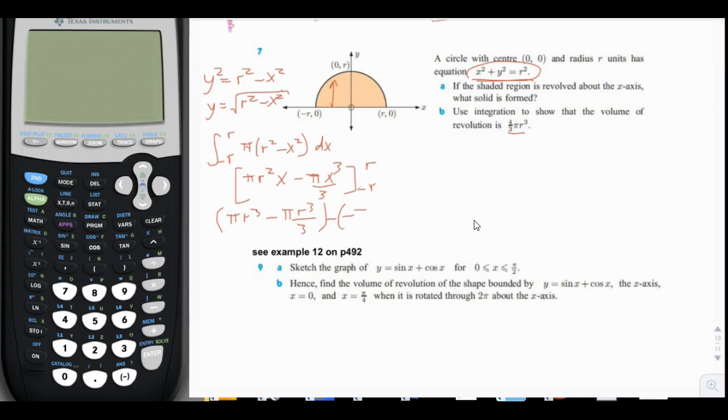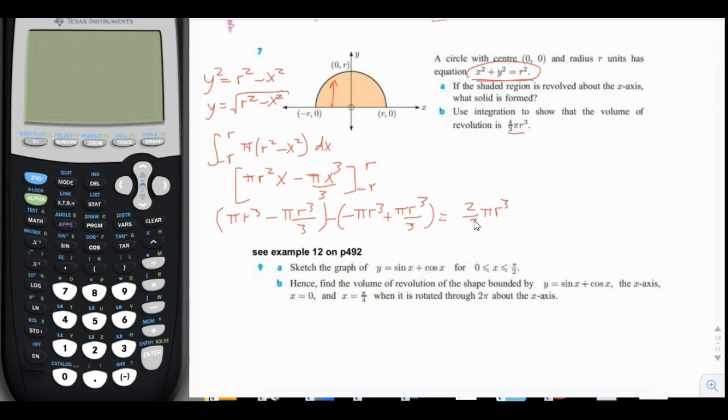So it's going to be negative pi r cubed, and then minus pi, and then negative r cubed is going to be plus pi r cubed divided by 3. So pi r cubed minus pi r cubed divided by 3 is 2/3 pi r cubed.